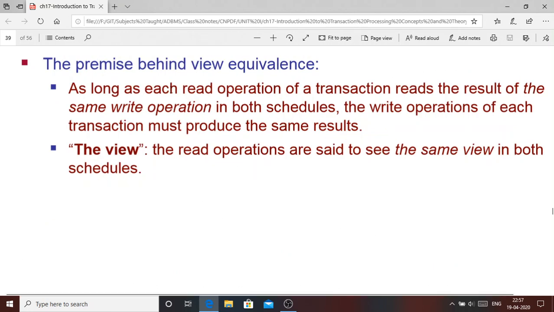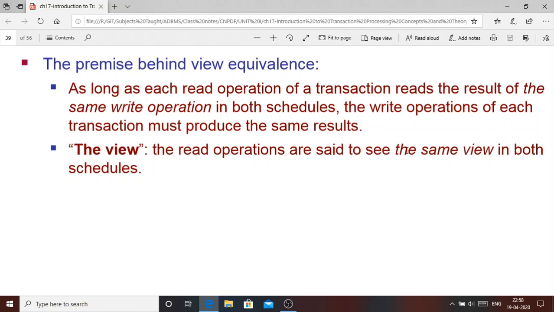Now, the premise behind view equivalence is that as long as each read operation in both the schedules reads the result of the write operation performed by the same other transaction, then the write operation of each transaction must produce the same result.